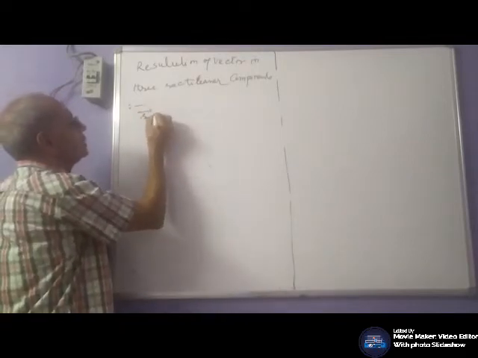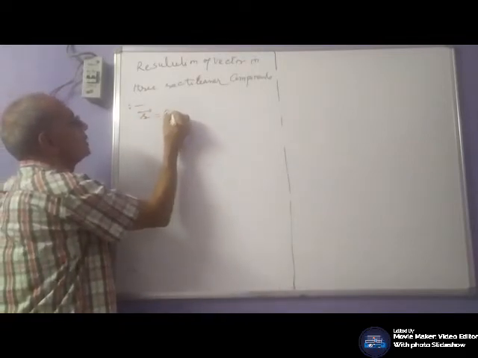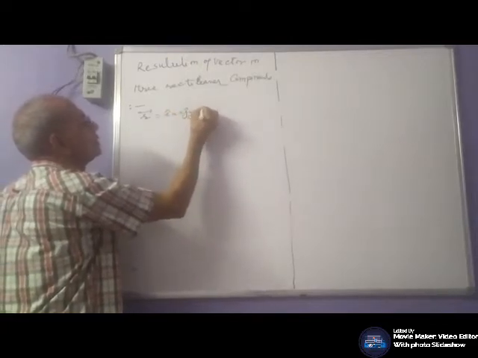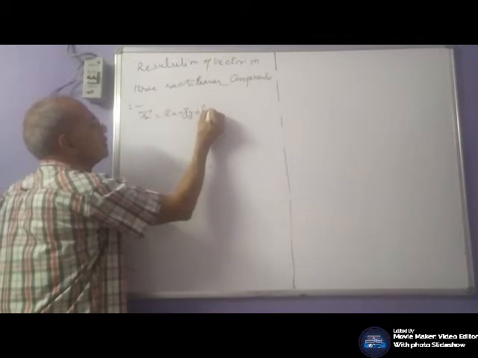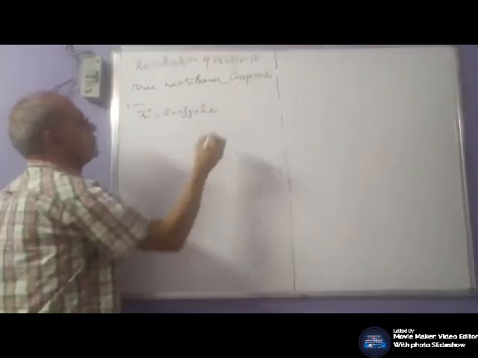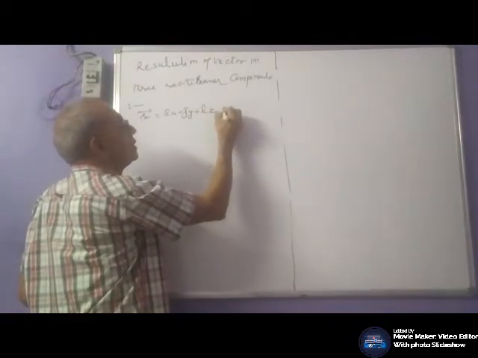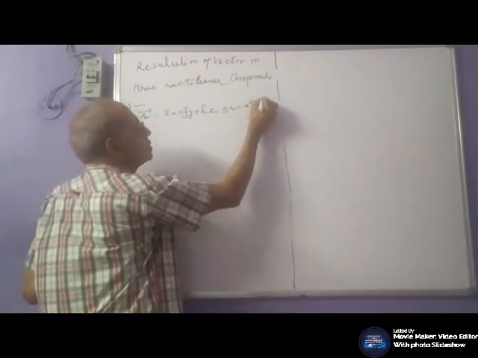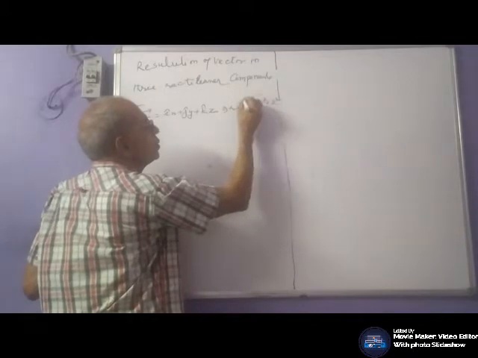R vector, it is I X, J Y, K Z, and R in magnitude is X square plus Y square plus Z square root.